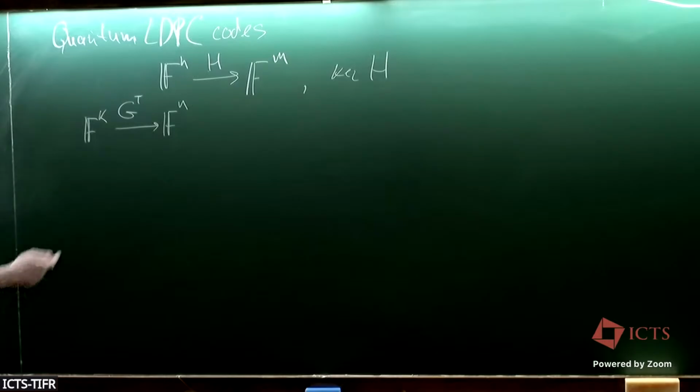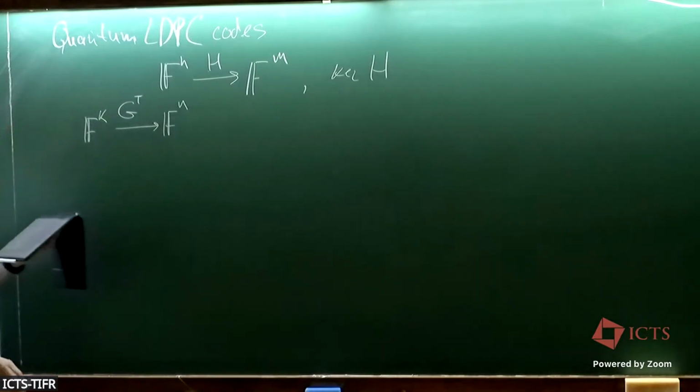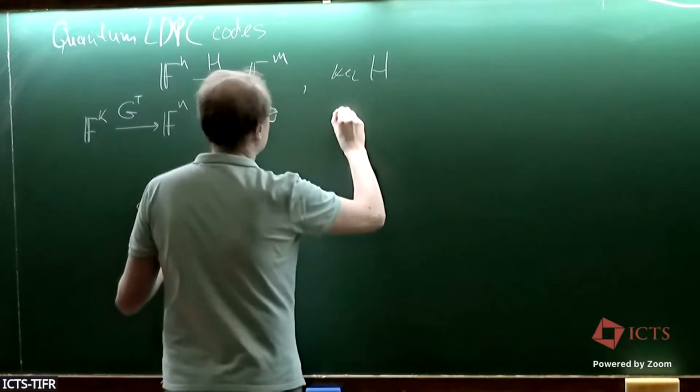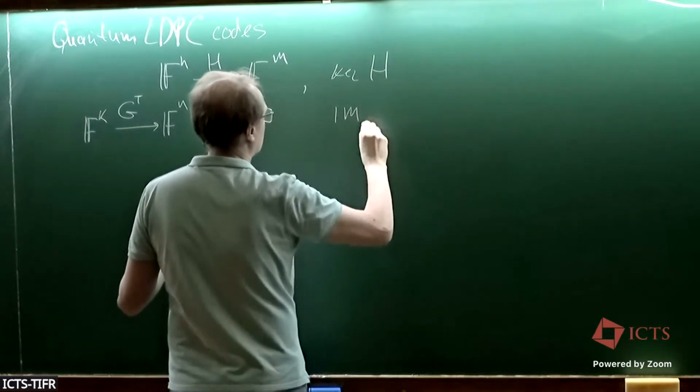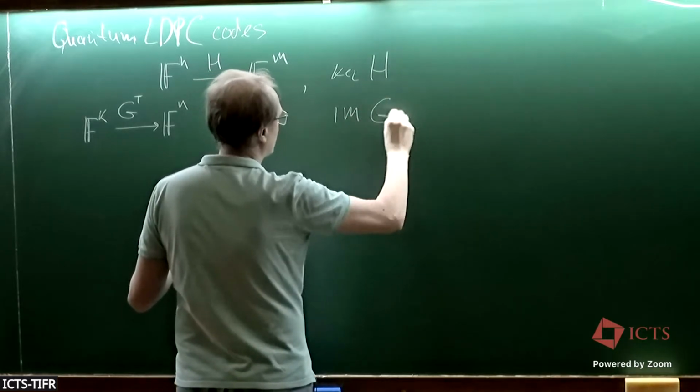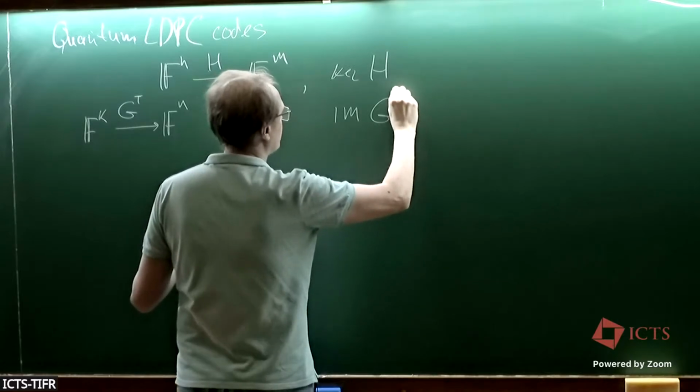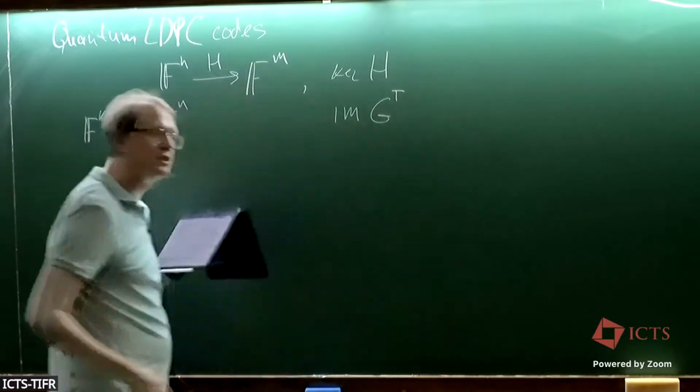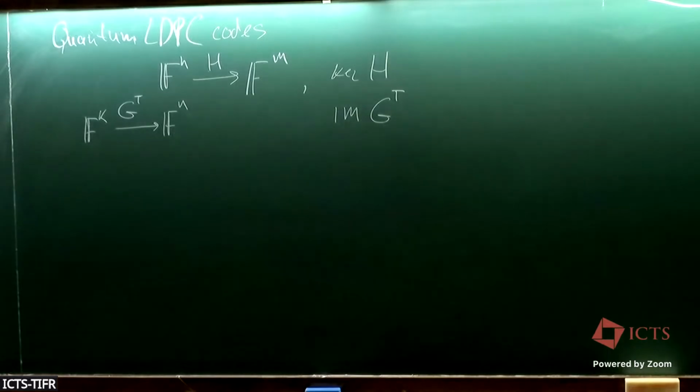So this is another way to describe a code: we can describe it as the image of G transpose, where G is what is usually called a generator matrix.